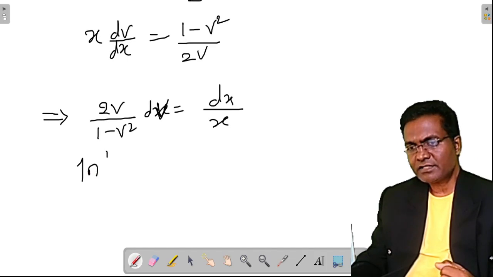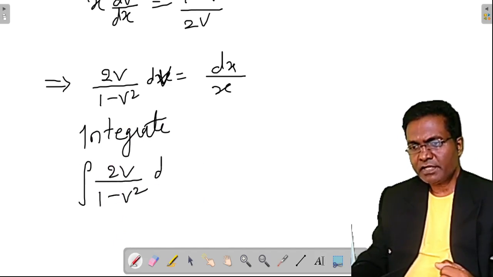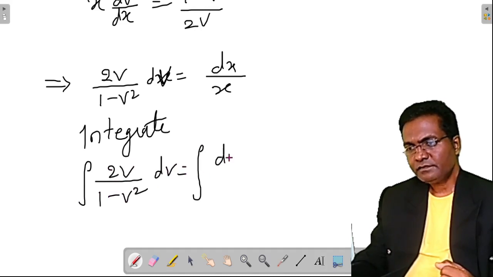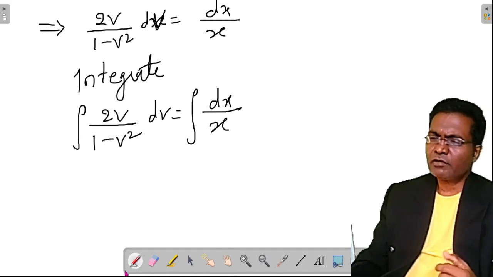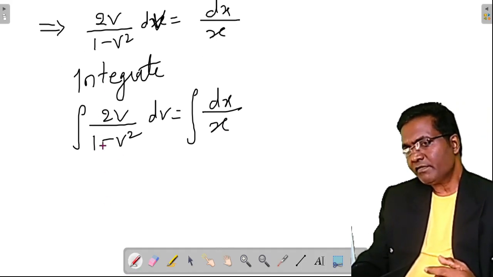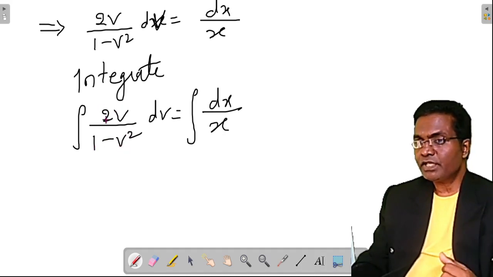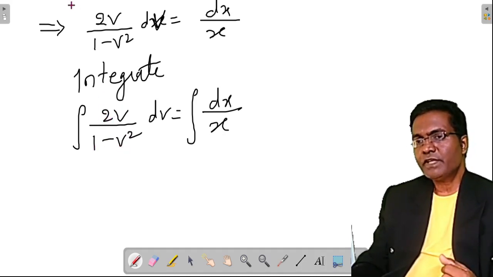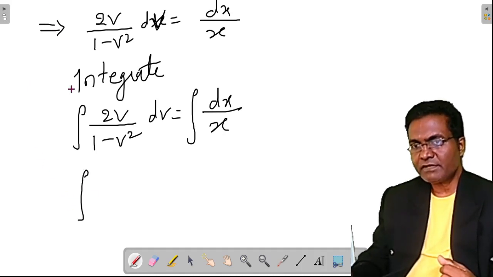Okay, integrate. So integration of 2v by (1 minus v square) dv equals integration of dx by x. One thing to be remembered: always check whether the numerator is the derivative of the denominator. If so, you can write it in one step. What is the derivative of minus v square? It is minus 2v. So we have 2v here. What I can do is multiply and divide by minus to make it the derivative.